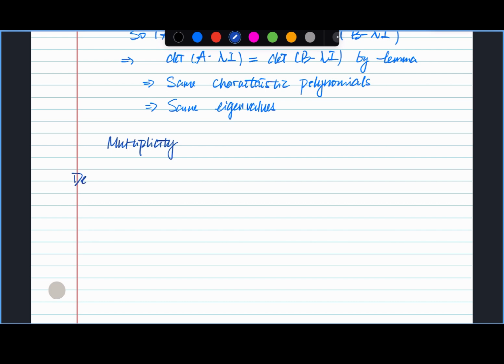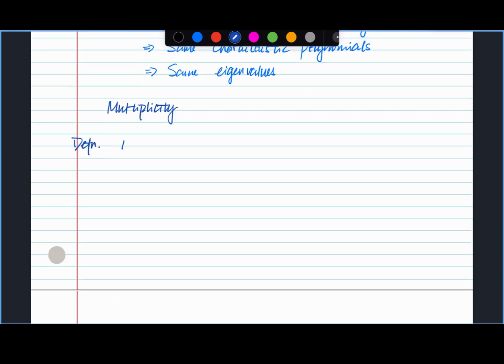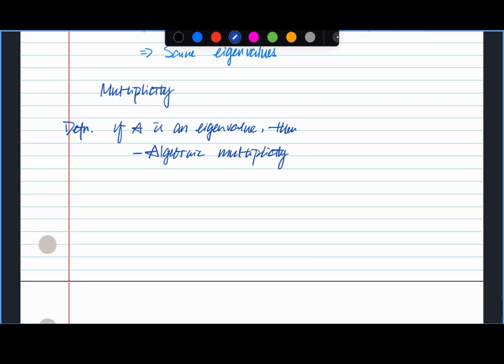Definition: if we know that lambda is an eigenvalue of A, then we define the algebraic multiplicity. It's the number of times lambda appears as a root in the characteristic polynomial. It is the same as the normal algebraic multiplicity of a root.